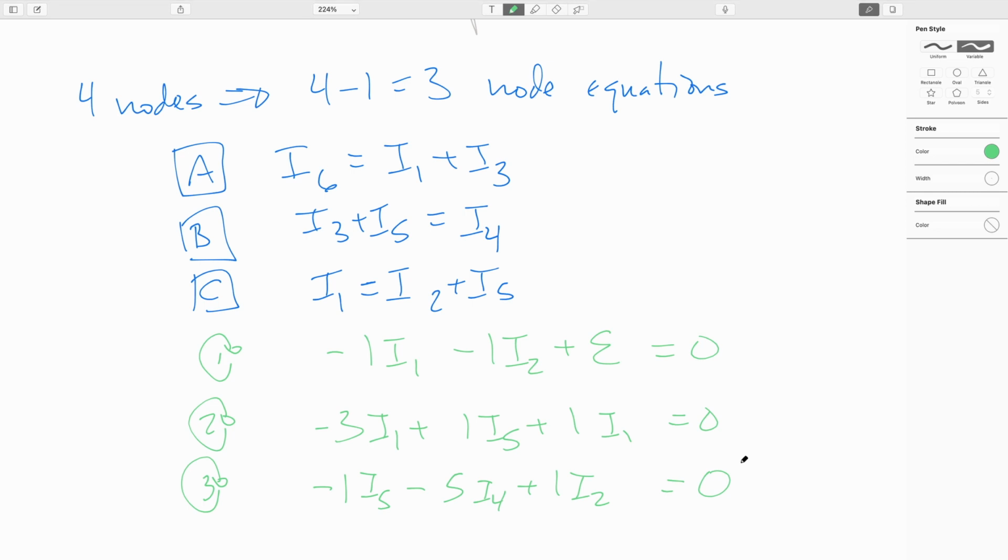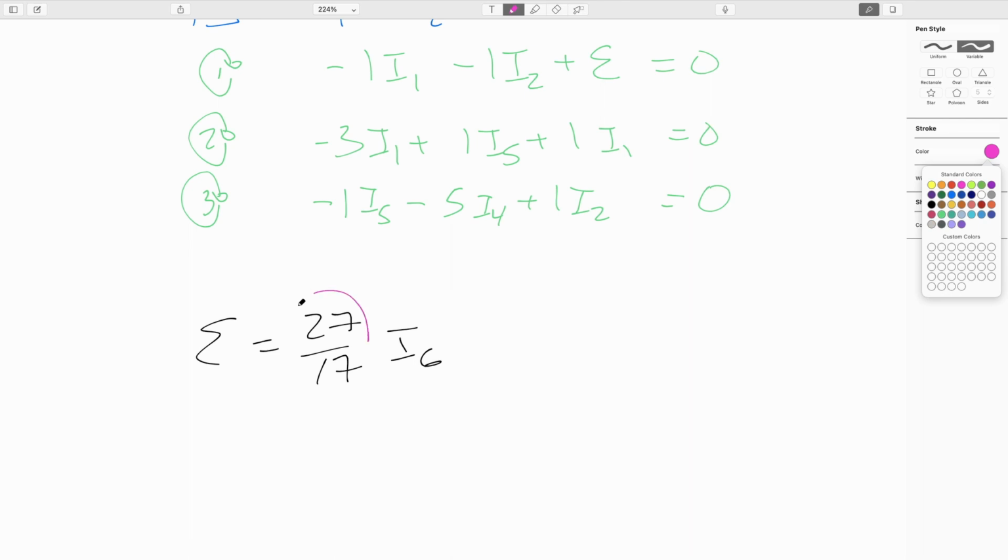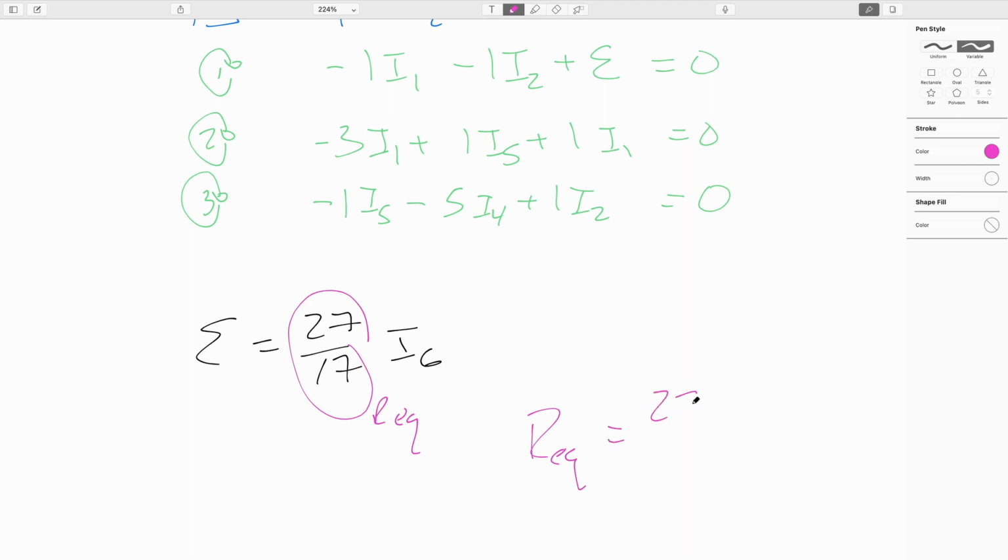The EMF is 27/17 I6, and so we identify this as our equivalent resistance, which is clearly 27/17 ohms.